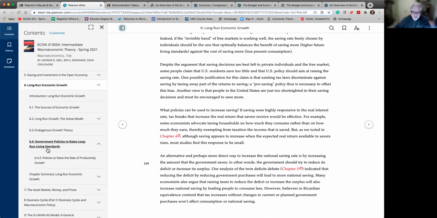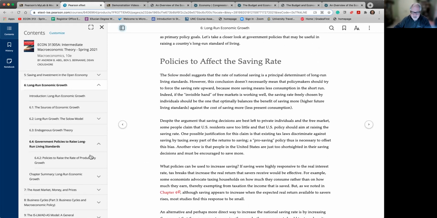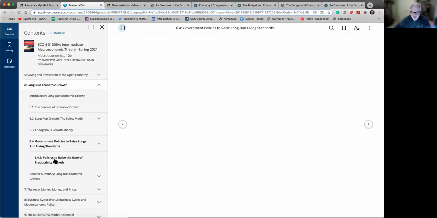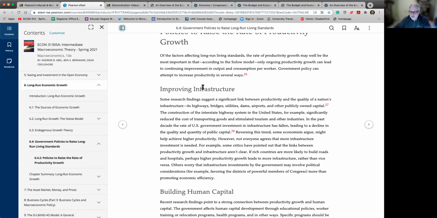Part of it has to do with raising saving rates to get more capital. The other has to do with raising productivity growth itself. One of the things that affects that is infrastructure, something we were just talking about on the first exam, and something being discussed in Congress currently.